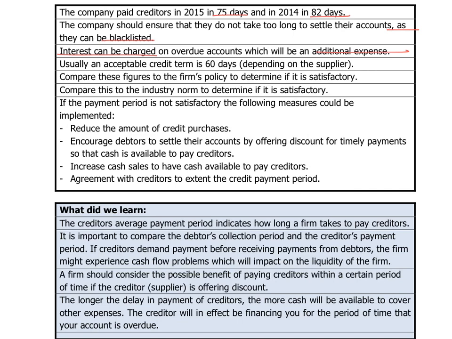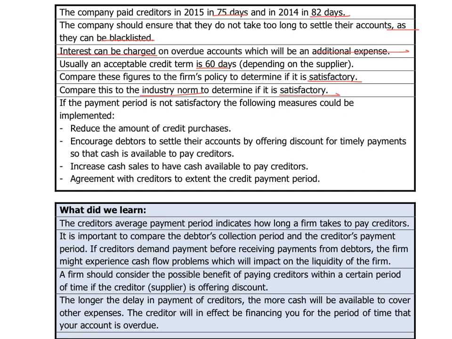Usually, an acceptable credit term is 60 days, depending on the supplier. Compare your figures with the firm's policy to determine if it's satisfactory or whether you are taking longer to pay than the term's policy, and compare it also with the industry norm to determine if it's satisfactory.